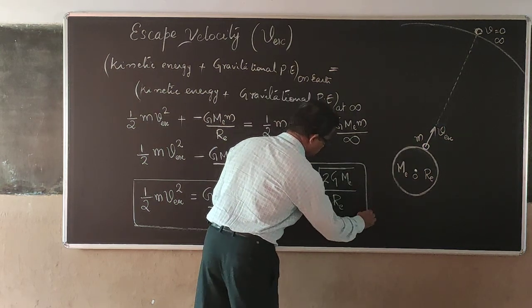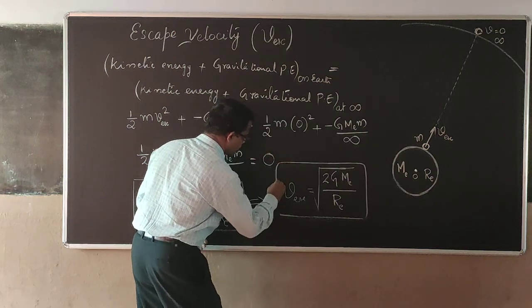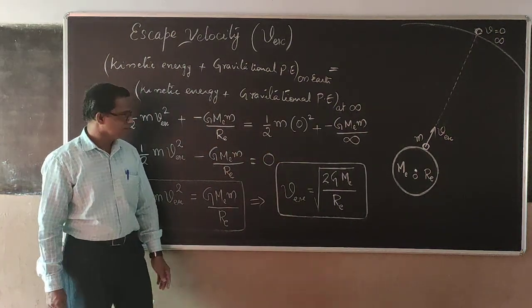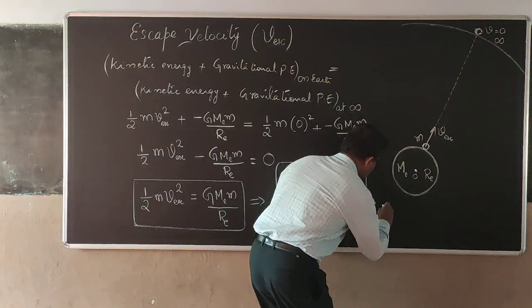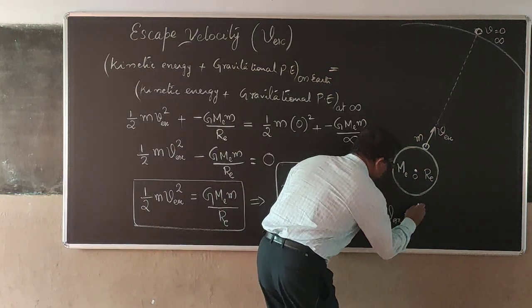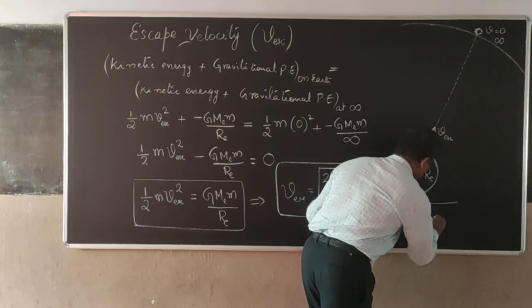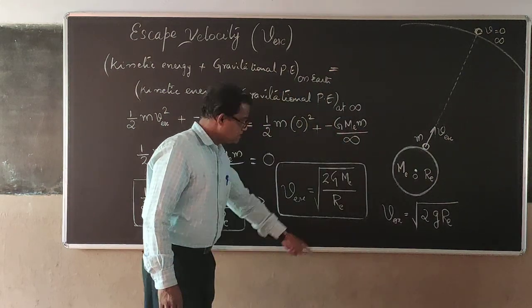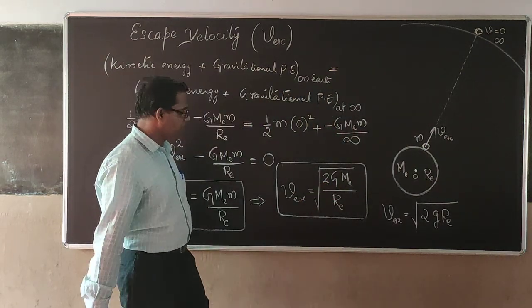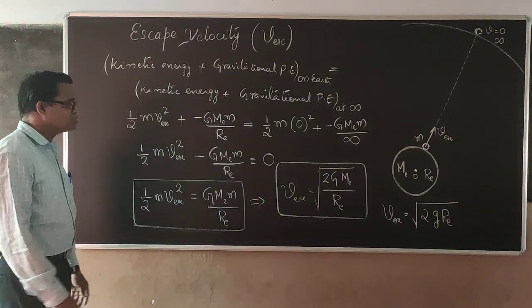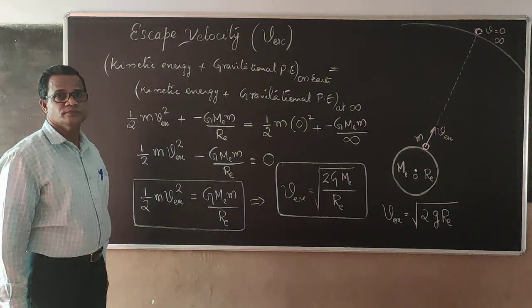This is the equation for escape velocity from the surface of the Earth. This can also be written as v escape equal to root of 2 g Re. That is in terms of acceleration due to gravity, and the earlier one is in terms of the gravitational constant.